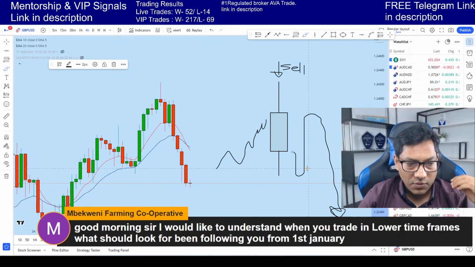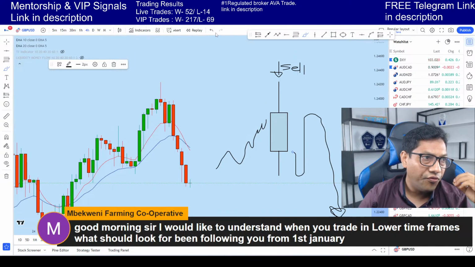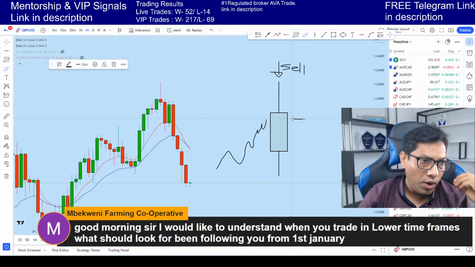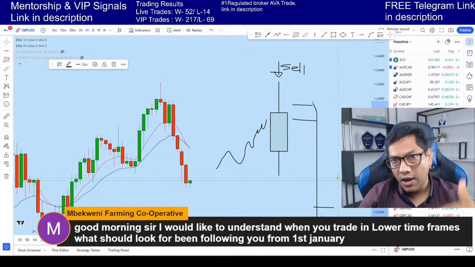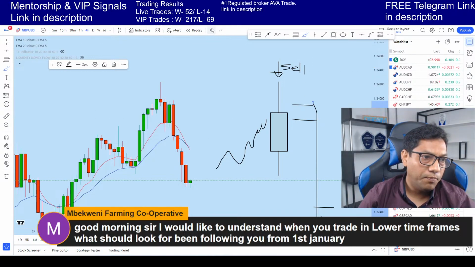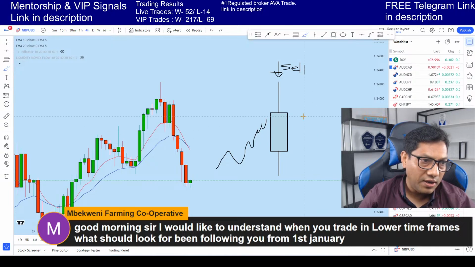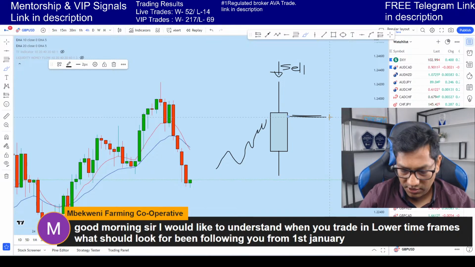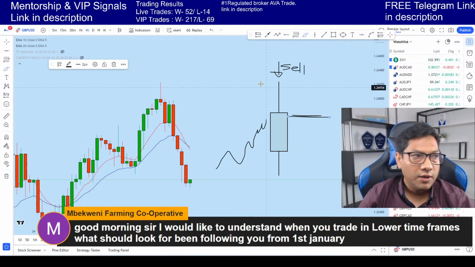Now when trading on the lower time frame, the best approach is to find the point where, after going up, it is U-turning. If I know that point, then when it is U-turning, that is when I will enter the sell trade with a tight stop loss and a big profit target. This is how I trade on the lower time frame. Now the point is, how do you find the candle that will tell you, okay, sell?